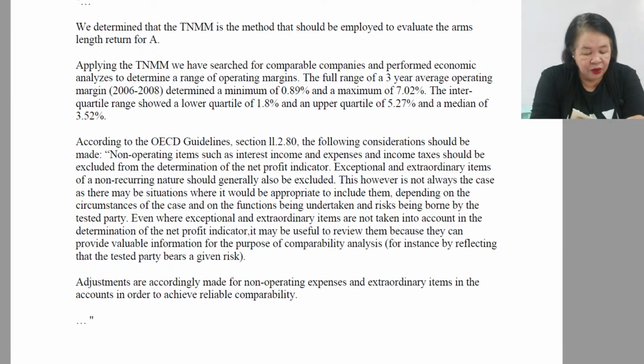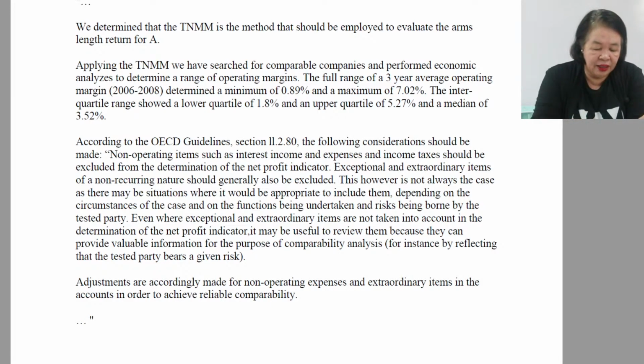Okay. According to the OECD guidelines, section 2.8, the following consideration should be made. Non-operating items such as interest income and expenses and income taxes should be excluded from the determination of the net profit indicator. No? Exceptional and extraordinary items of a non-recurring nature should generally also be excluded.